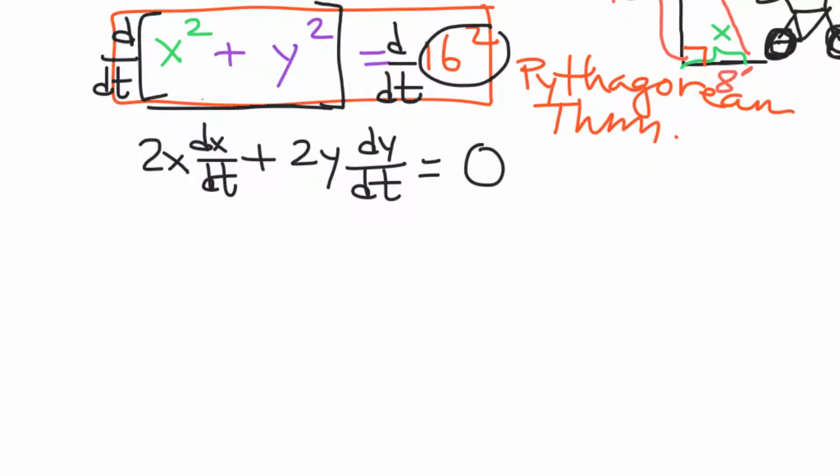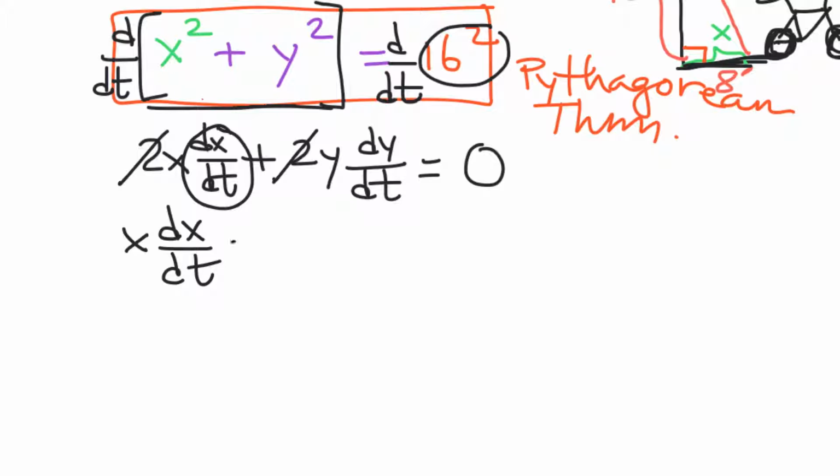Now we're going to go ahead and solve for dx/dt. That's the rate at which the bottom of the ladder is moving when it hits the wheel of Casey's bicycle. So we can cancel the 2 from both sides, because if we divide everything by 2, we'll still have a 0 on the right-hand side. So at this point we have x dx/dt is equal to minus y dy/dt, and that's because we subtracted this from both sides of the equation in order to move it to the other side.